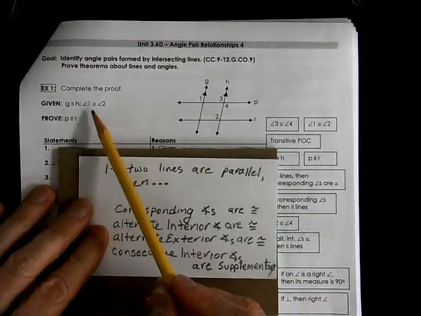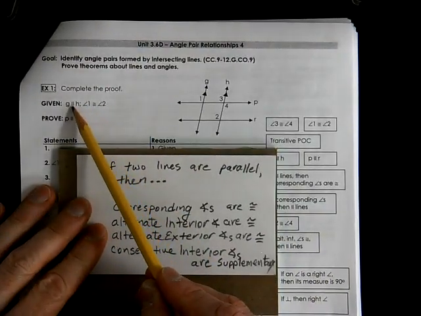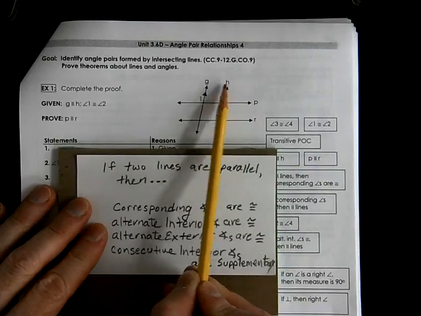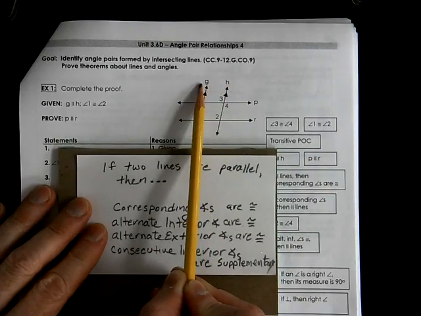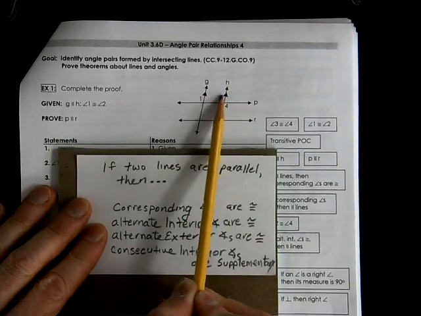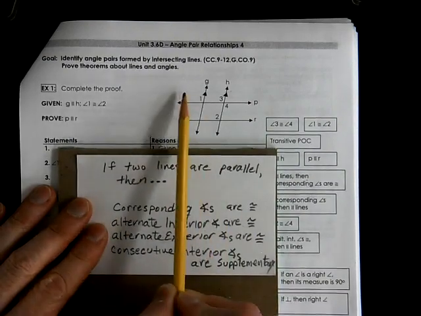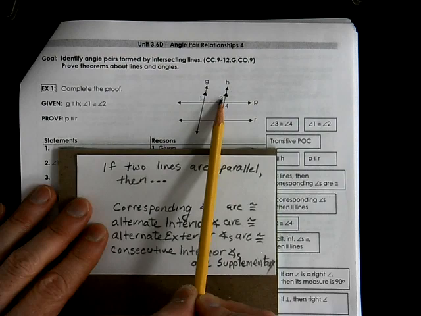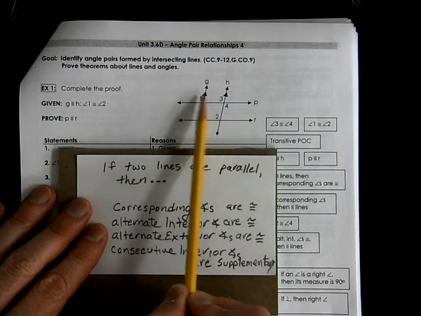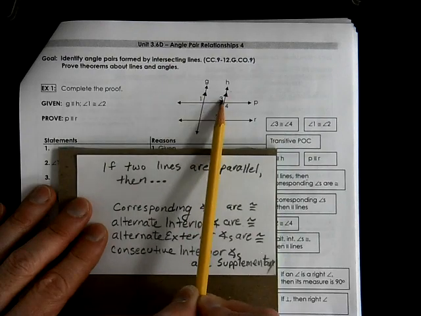So what we're recognizing is that G is parallel to H. Now, when I see lines are parallel, I know I'm supposed to look for one of these. The pair that I see that are touching my parallel lines are 1 and 3. They're the only angles touching G and H. Angle 1 and 3 are called corresponding angles.